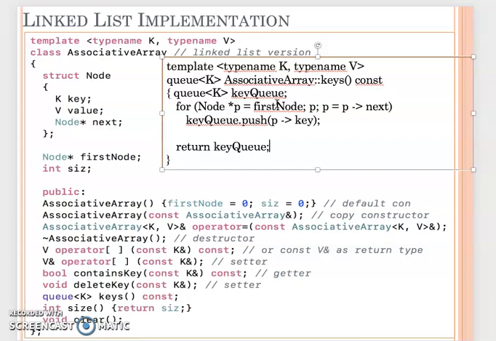We need to be careful: if you use the stack implementation way with only the first node, this first node is pointing to the latest key that was added. So the order of the keys in this queue will be reversed. In other words, the first one in this queue will be the latest key that was added. So this is our linked list implementation for our associative array.